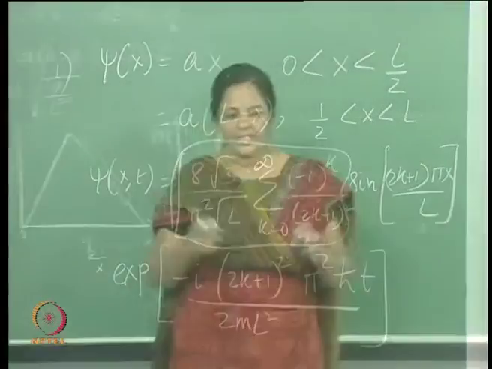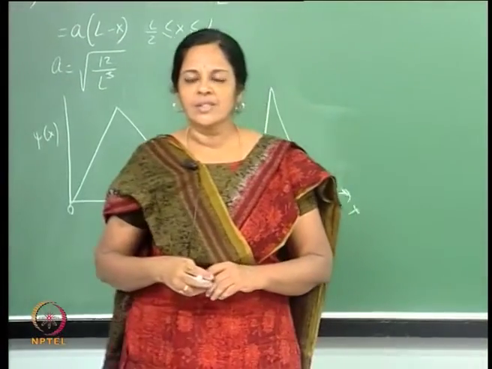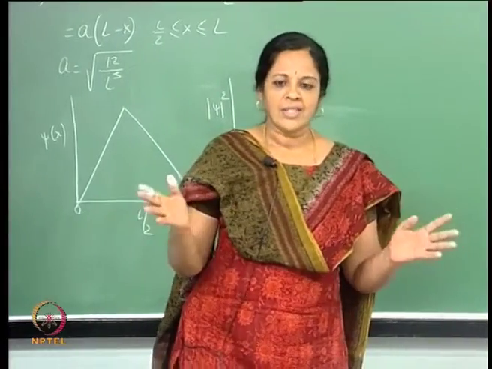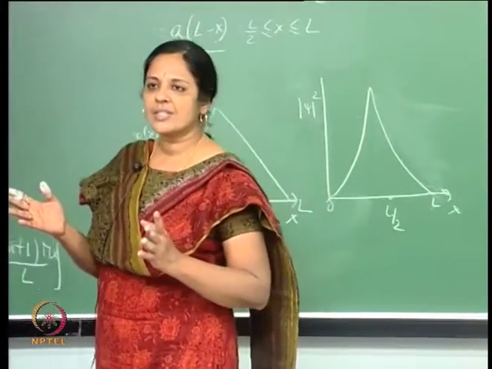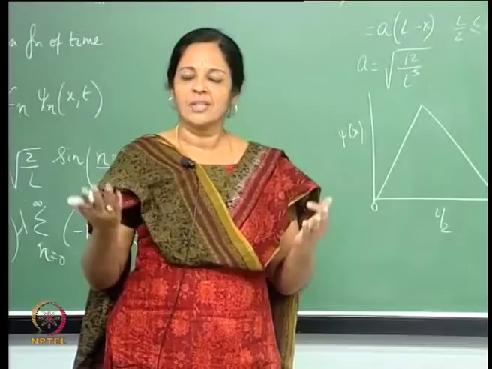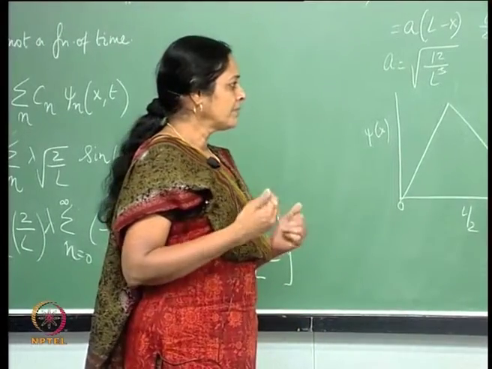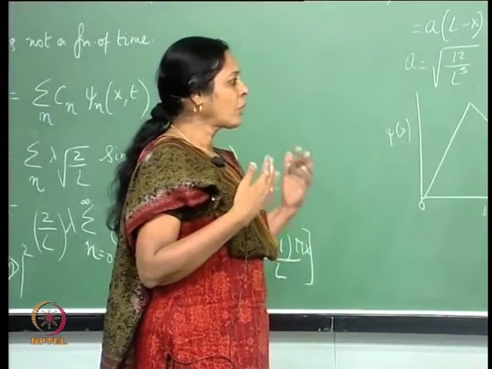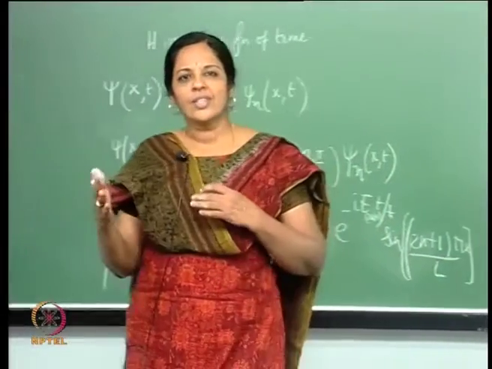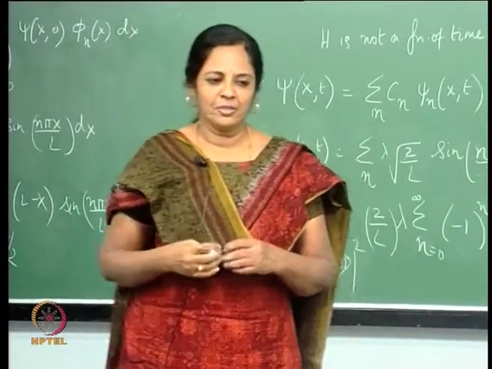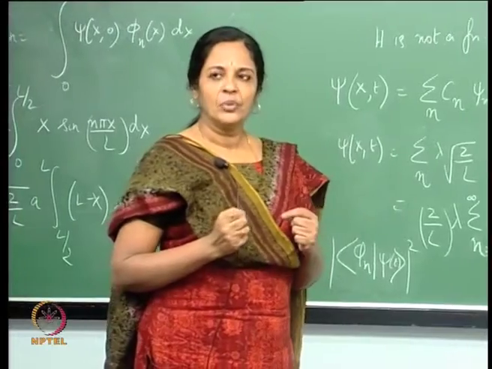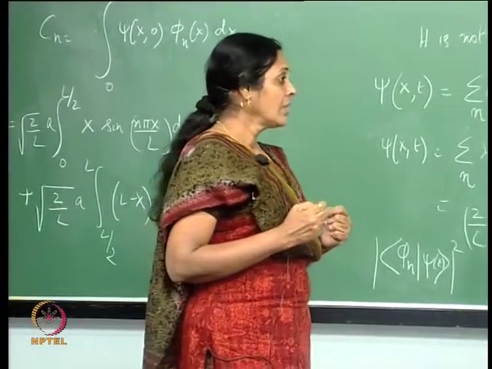So, these are the various cases that you can consider as examples for initial states in a particle in a box. And each of the problems that I have considered demonstrates different aspects of the problems that you can face when you work with a particle in a box.